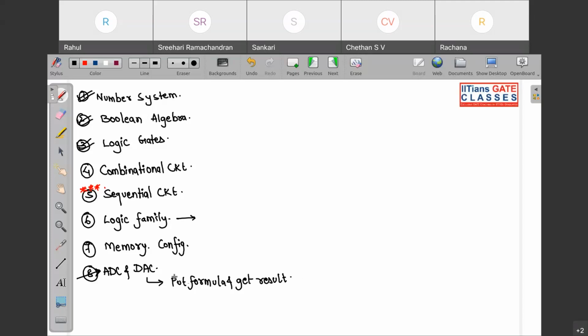First let me know, out of these 8 topics, in which topic you face the most problem while solving questions. In which area do you feel difficulty? In the first session I want to know where you feel difficulty.